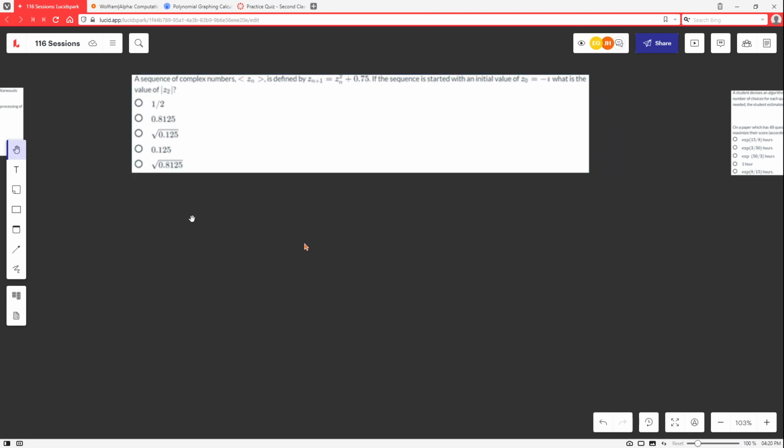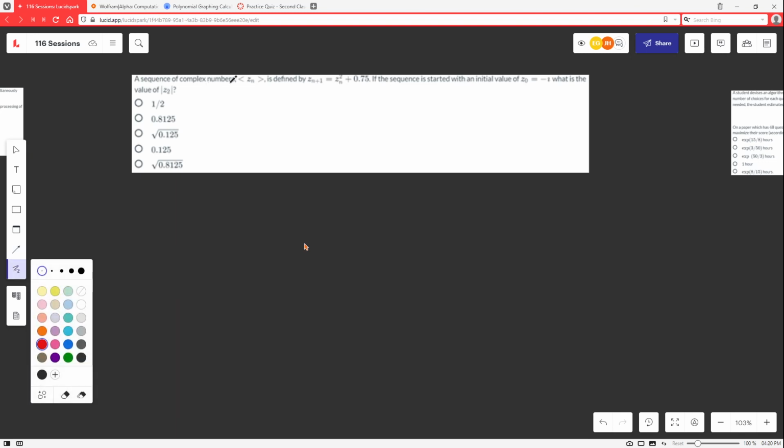Okay. A sequence of complex numbers, Zn, is defined by Zn plus 1 equals the current Zn squared plus 0.75. Okay, so this one works like so. So this is the equation. We start with z0 of negative i.